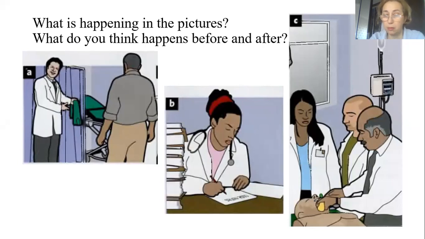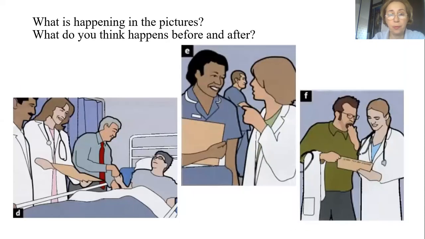Okay, maybe this senior doctor is giving instruction on how to do some kind of procedure, teaching the junior doctors, and then maybe they'll try to do the same, just show how they've learned this procedure. And there are 3 more pictures here on the next slide.